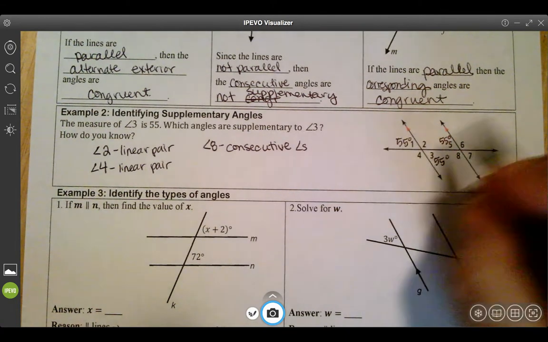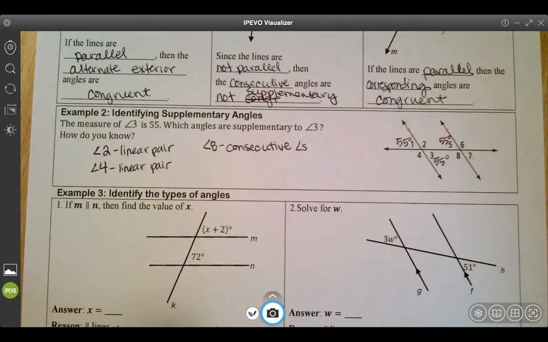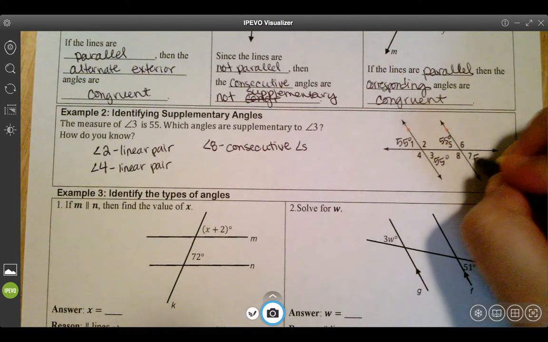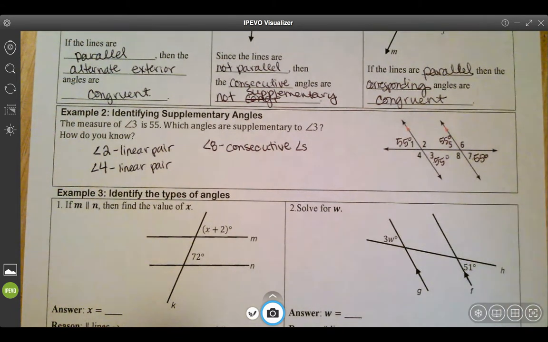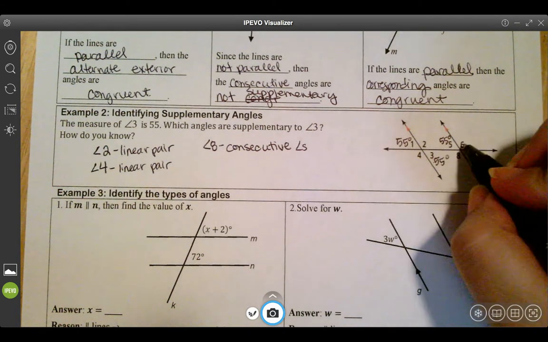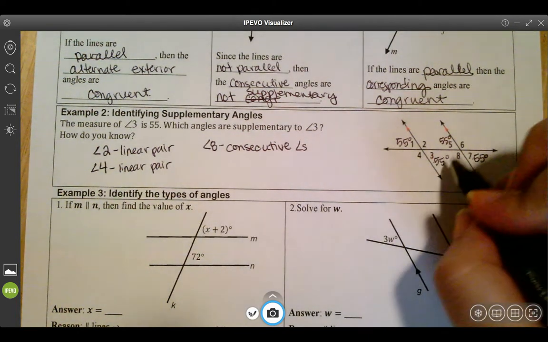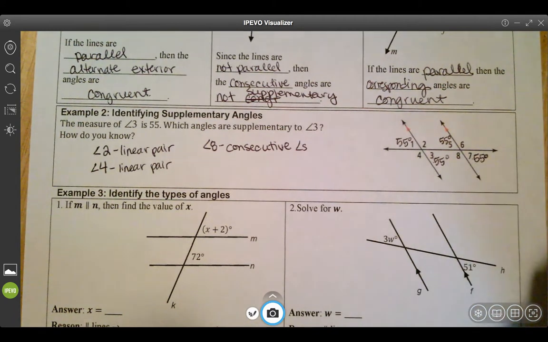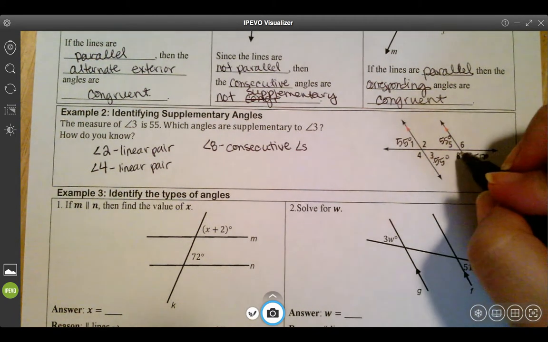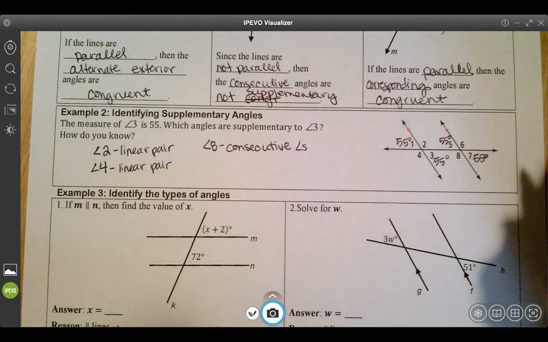Okay. Angle 3 and angle 7 are corresponding angles, which are congruent. And angle 3 with angle 6 does not have a special name. However, we know that angle 3 and 8 are supplementary, and we know that angle 8 and 6 are congruent.